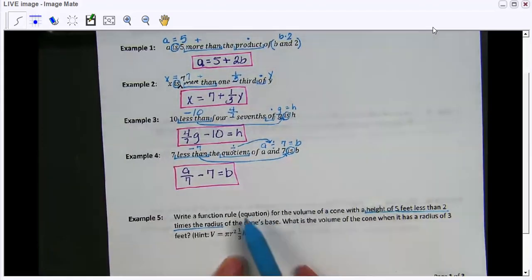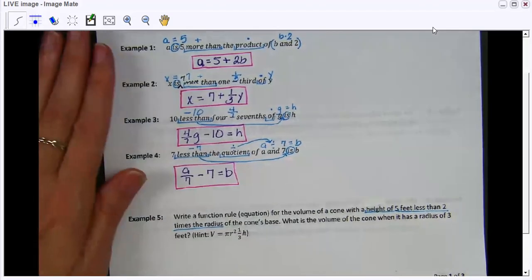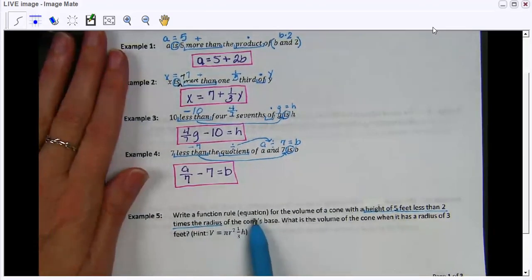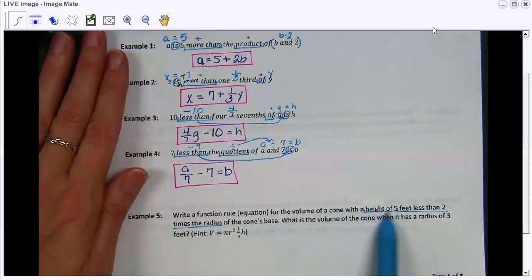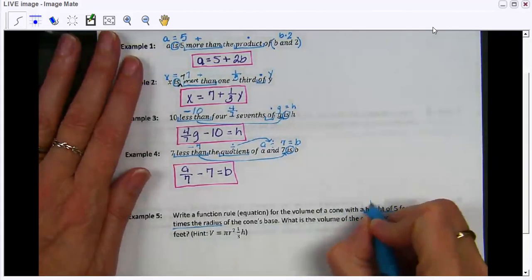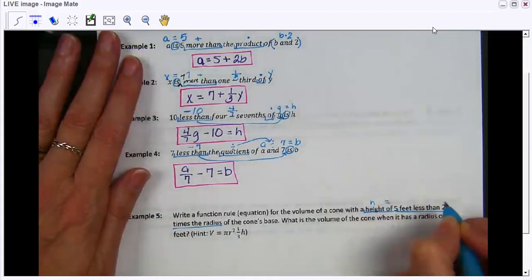Okay, so I'm going to reread this. Sometimes we have to go back and reread. Write a function rule for the volume of a cone with a height of 5 feet less than 2 times the radius. Now this of just means equal. Okay, so this is saying that the height is 5 feet less than.